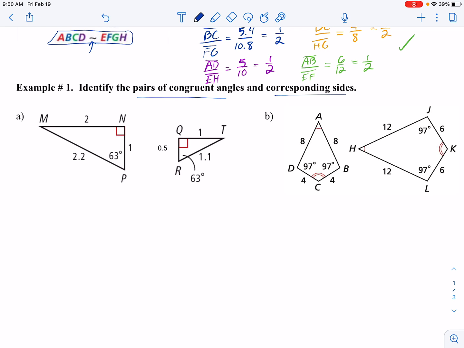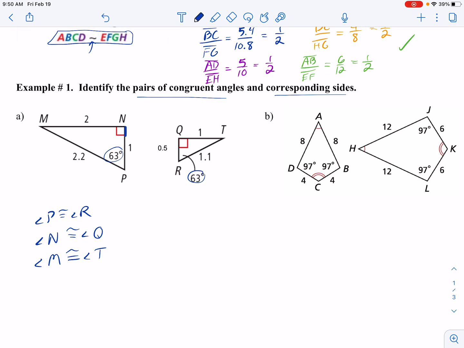So for congruent angles, hopefully you can see your two 63-degree angles here. So we can say angle P is congruent to angle R. We can do our 90-degree angles. Angle N is congruent to angle Q. Therefore, our last pair of angles, M and T, need to be congruent. Right. And then for our corresponding sides, all of these ratios are going to be equal to each other, so we're going to write them as ratios, as a fraction.